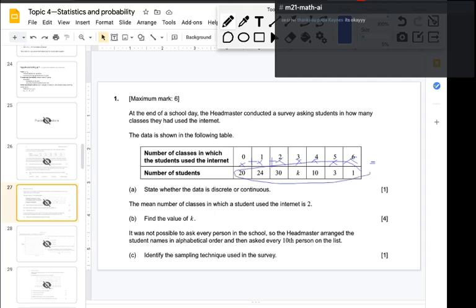For the lower part, the sum of this. And then now you have two Ks, right? You can solve it algebraically, or you can just use your GDC to find K right away by using the solver if you want to.